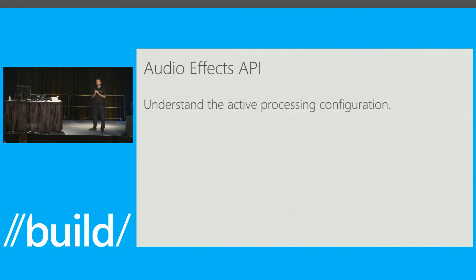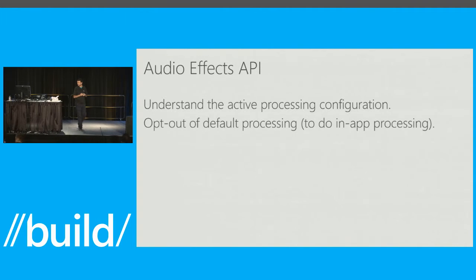So what you want to be able to do with these APIs first is understand the active processing configuration. And then if the active processing configuration is not working for you, you will have the option of opting out from this active configuration and choosing a raw mode, which will allow you to do in-app processing and whatever you want to do at that point.